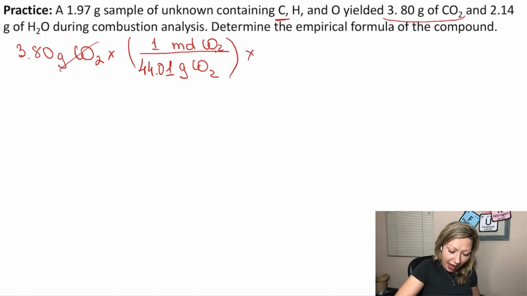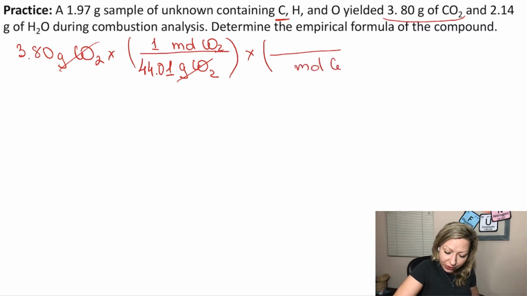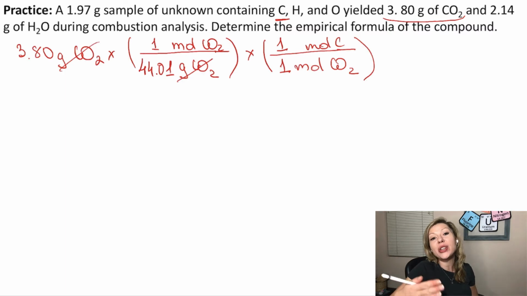Now I have the moles of CO2 and I want to go to the moles of carbon. So moles of CO2 and moles of carbon. Since I know that in each molecule of CO2, I have 1 carbon atom, the mole ratio is also going to be 1 to 1.